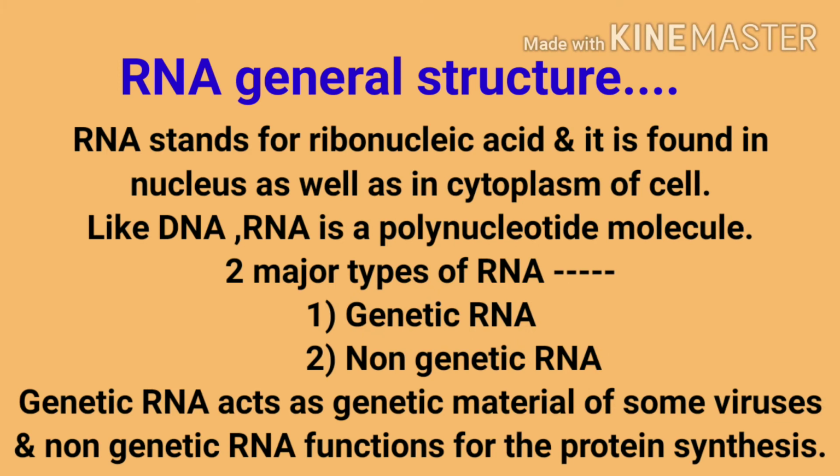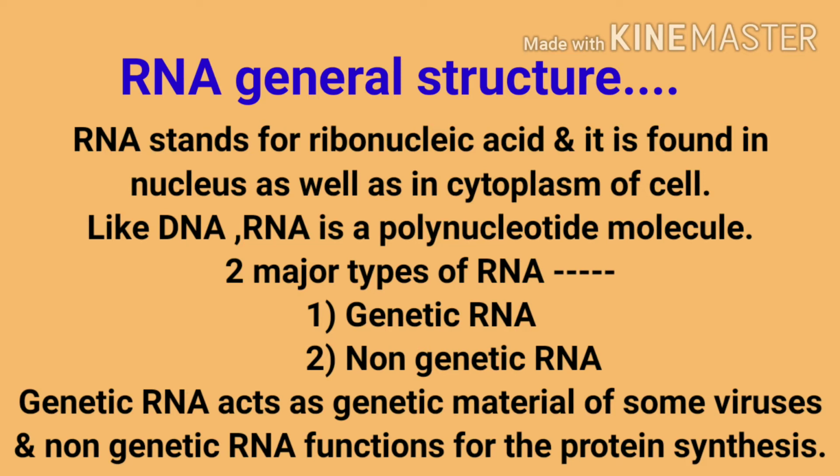Friends, RNA stands for ribonucleic acid and it is found in nucleus as well as cytoplasm of the cell. We know that DNA is a polynucleotide molecule, and like DNA, RNA is also a polynucleotide molecule, but RNA is a single stranded molecule. Okay, so there are two major types of RNA.